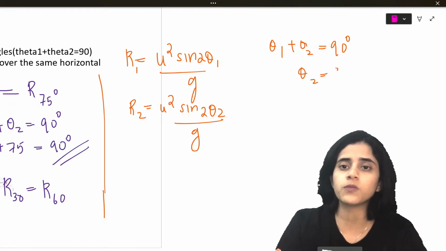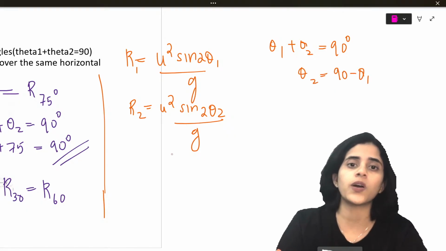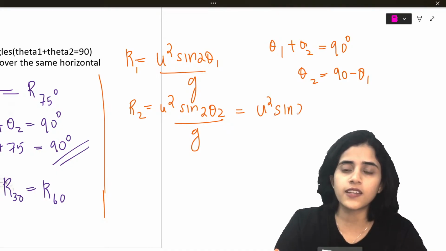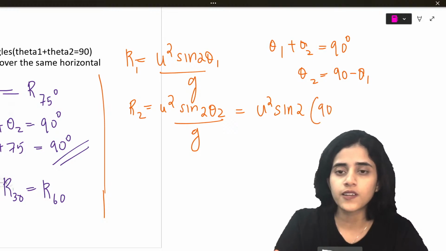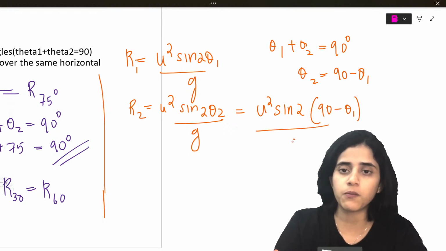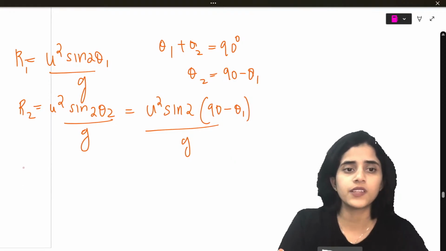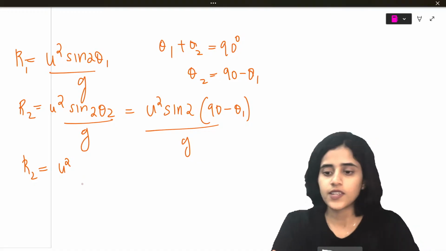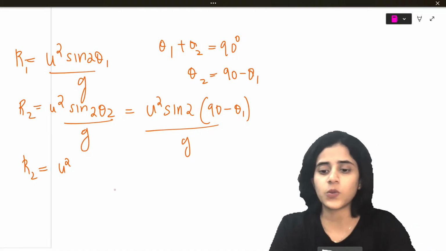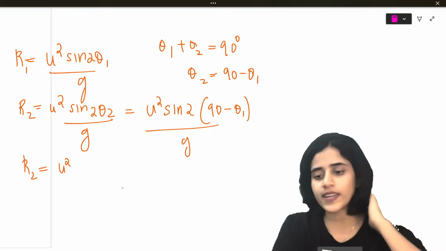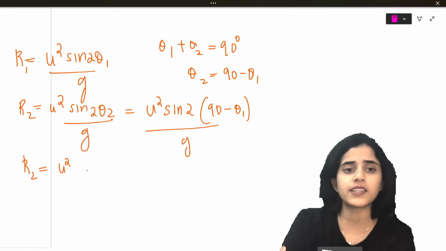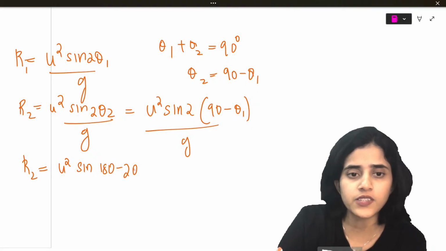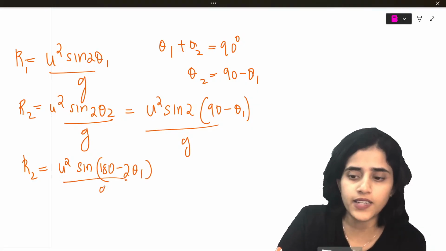So theta 2 should be 90 minus theta 1. Here I will substitute that. So R2 is u square sine 2 into 90 minus theta 1 by g. Sine of 180 minus 2 theta 1 is sine 2 theta 1, a mathematical identity.